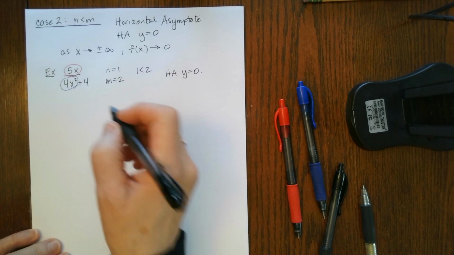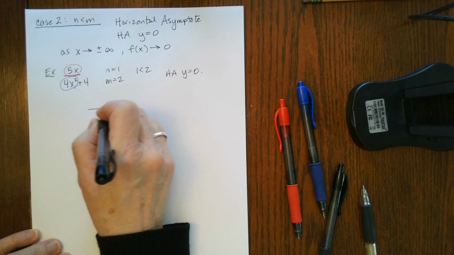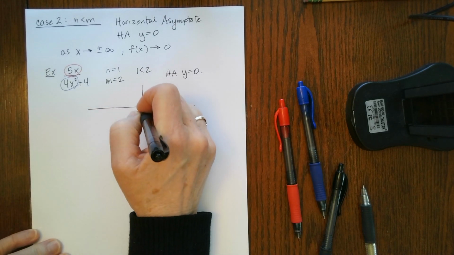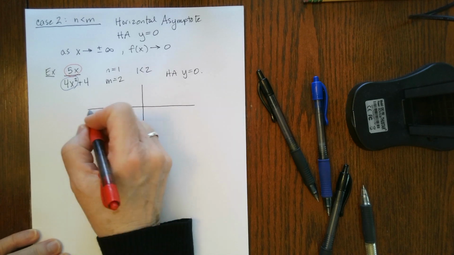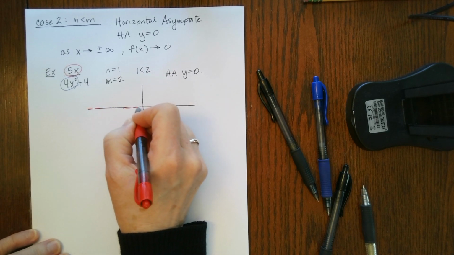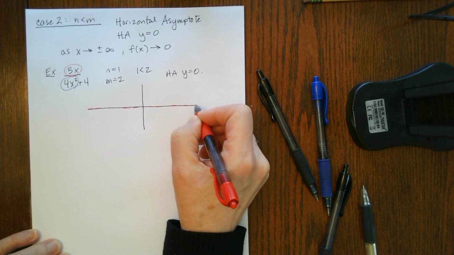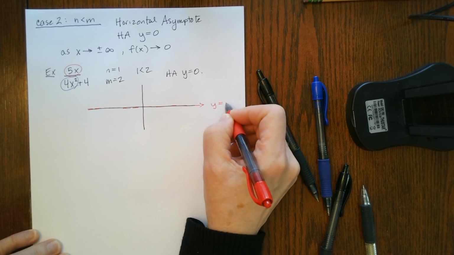Let's look at the behavior of this function at the ends. So again, we want to draw this horizontal asymptote, and it would correspond to the x-axis, and that's y equals 0.